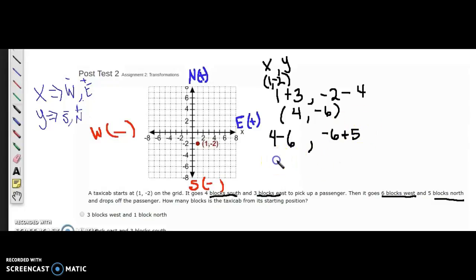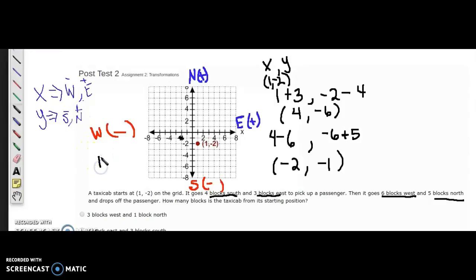So I end up with (-2, -1). The point here, I'm not very good with this, so it's not a very good looking point, but it is a point.